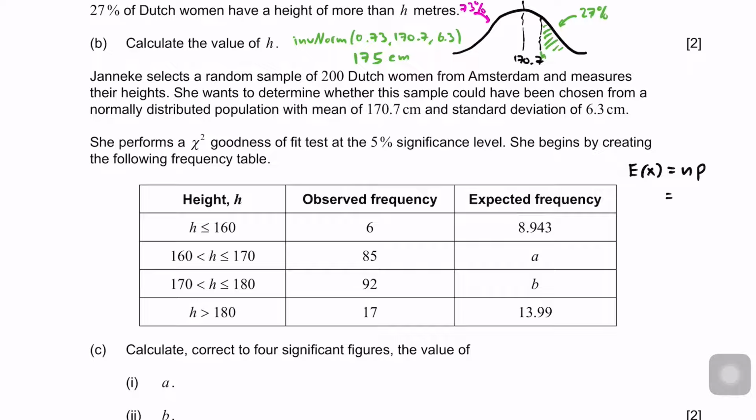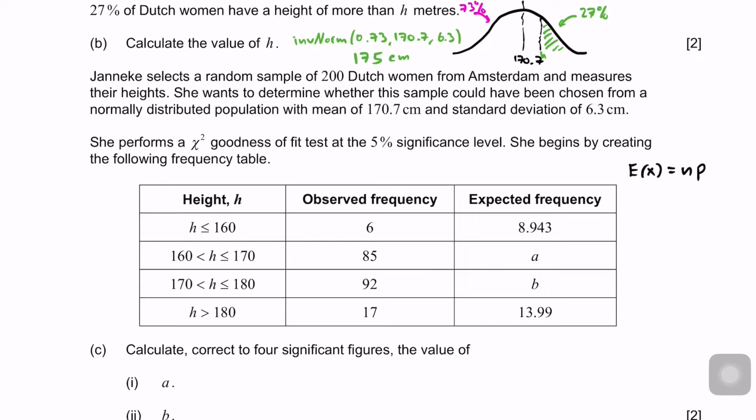In this case, we have 200 individuals, and we want to know what's the probability that they would be less than 160 in this case. And we can actually do that for every single value here, and that's how we can work out the expected frequency of a certain Dutch woman falling within these height boundaries.